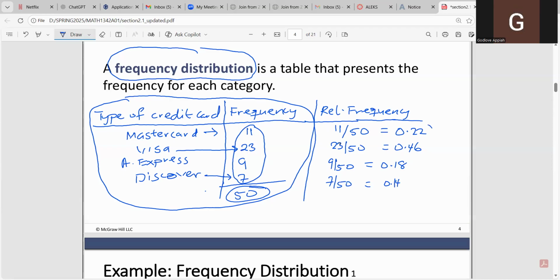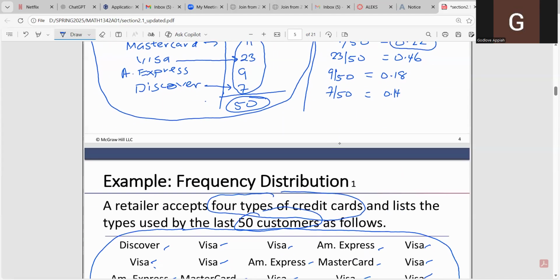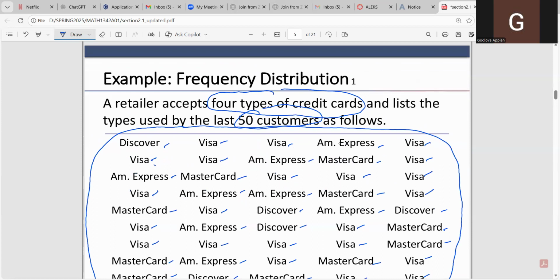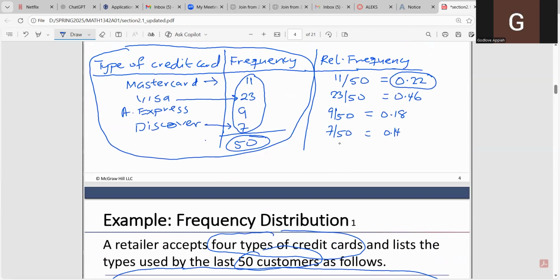So if you consider, for example, the relative frequency of MasterCard, which is 0.22, if you go back to this raw data set, MasterCard here covers about 22% of all observations. So about 22% of these observations will fall within the MasterCard category. That is what we mean by relative frequency.